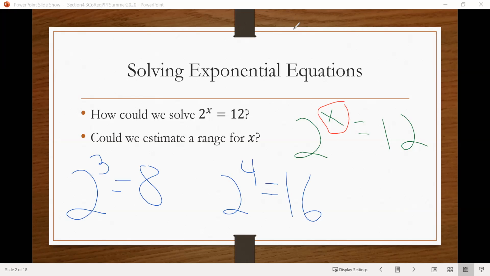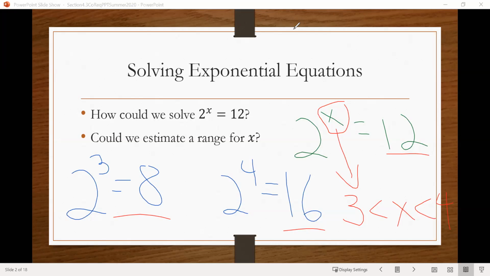And notice that 12 is in between 8 and 16, which tells us that x is going to have to be between 3 and 4. Okay, so whatever the actual answer is for x, it'll be somewhere between 3 and 4. Also notice that 12 is right in the middle between 8 and 16, so it's 4 units away from 8, 4 units away from 16. So it tells us x is probably going to be somewhere around 3.5.